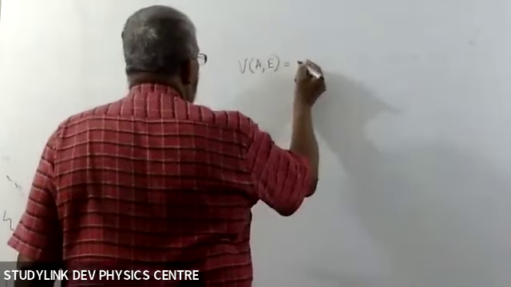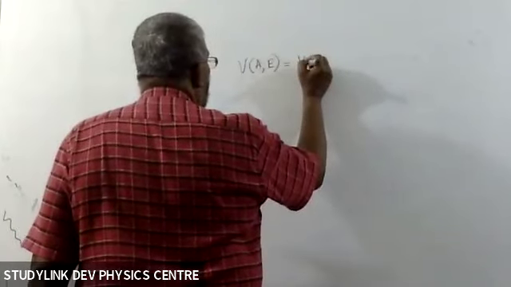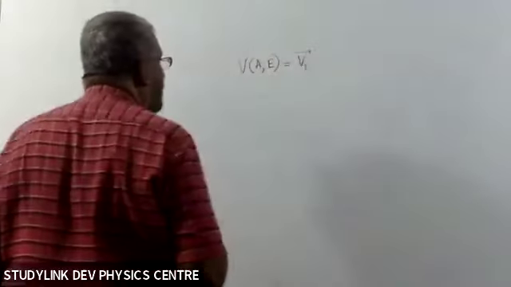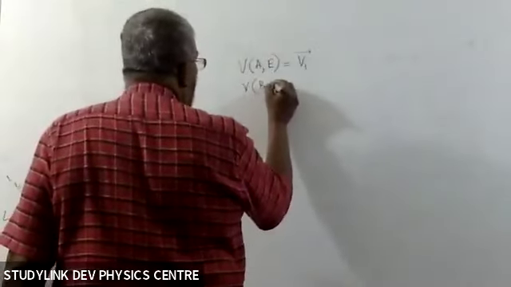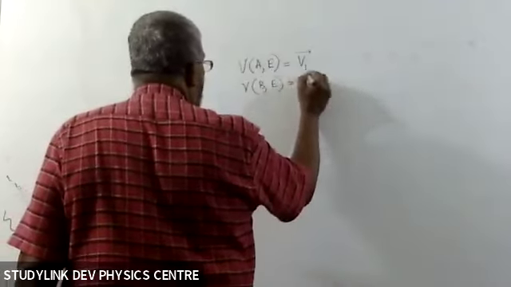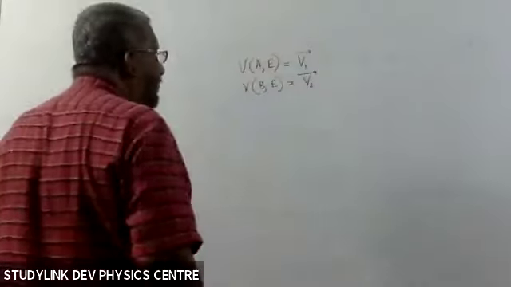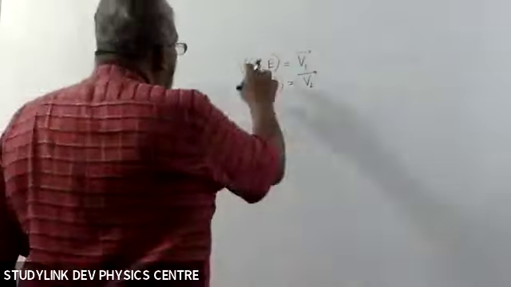It is given towards a particular direction, we'll say V1 towards that direction. Velocity of B relative to the Earth is given in the same direction, V2, like that. But velocity values we'll discuss later.